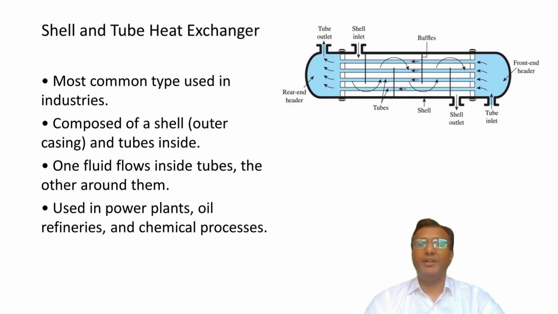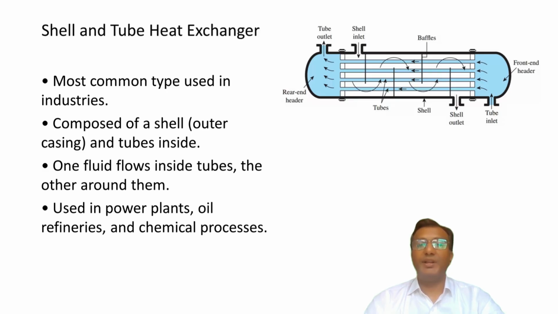For example, in a power plant, hot steam flows through the tubes, transferring heat to cooling water in the shell to condense the steam. The design can be customized with multiple tube passes or baffles to enhance turbulence and heat transfer.